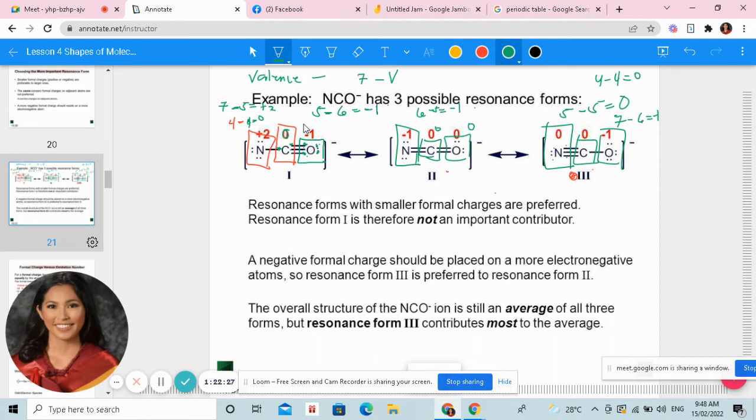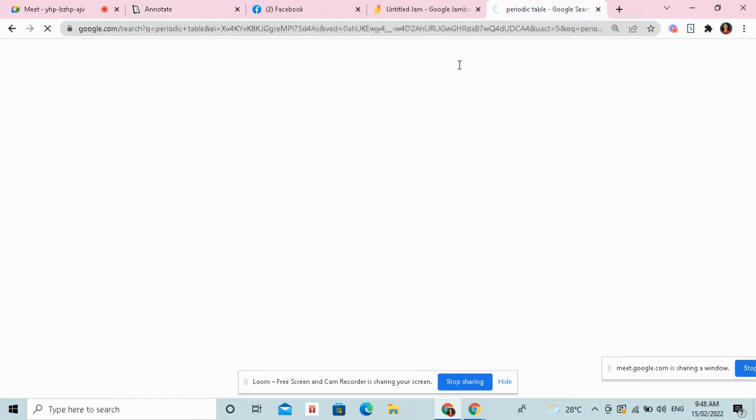Excuse me, ma'am. How do we define valence? How do we identify the valence? Okay, good thing you asked, because we keep using valence.